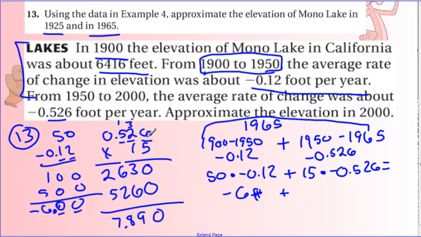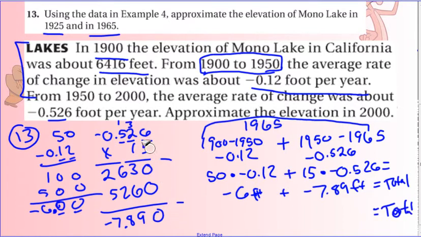And this 0.526 is negative. So the signs are different. The answer is negative. So now we've found that in the first 50 years, it went down by 6 feet. In the next 15 years, it went down by 7.89 feet. So we want to find the total amount the lake went down.